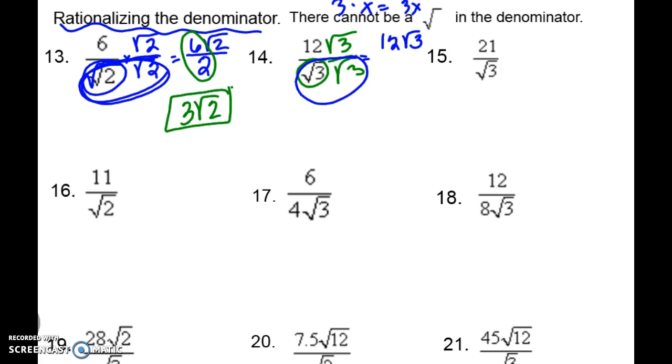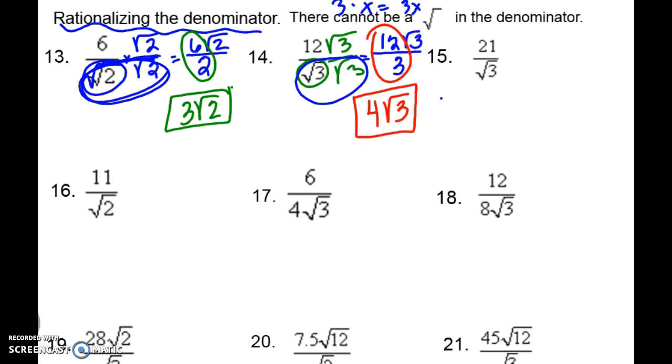Good. It gets to come out of the house. So that means on the bottom I'm going to have just a 3. Good, because now I have a 12 and a 3 both outside of the house. 3 will go into 12 4 times with a radical 3. So my answer for this problem is 4 square root of 3, or 4 radical 3. Remember, square root and radical are the same.